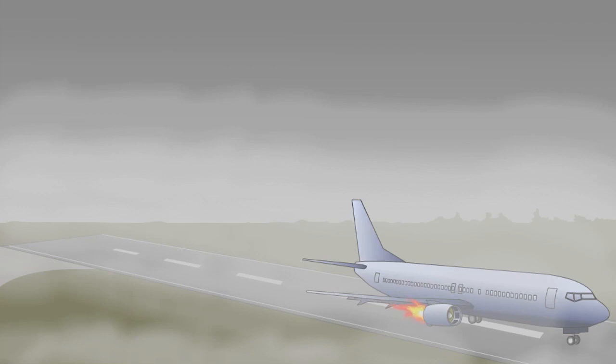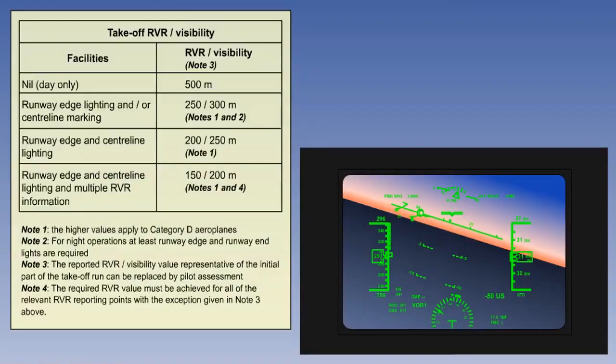First, before the commander can commence takeoff, he must meet the aerodrome visibility or runway visual range minimum specified by his operator. This minimum, in turn, must not be below that specified in the on-screen table. If the runway meets all of the lighting requirements and has several RVR measuring sites, the MRJT theoretically can commence takeoff if the RVR or visibility is reported as 150 meters or more.